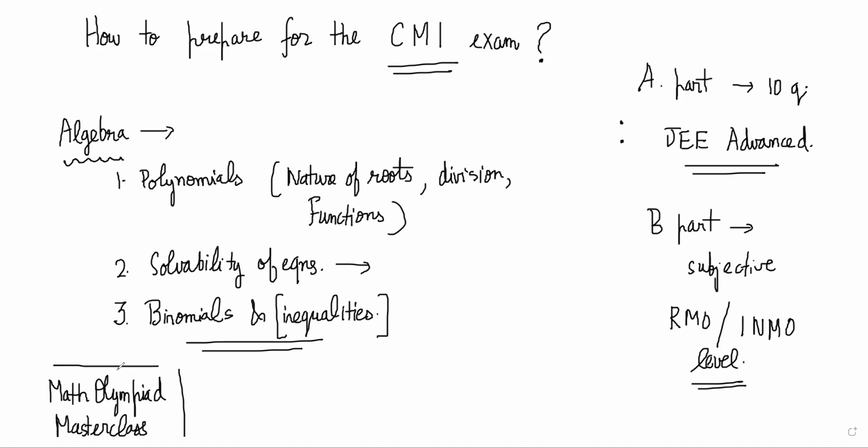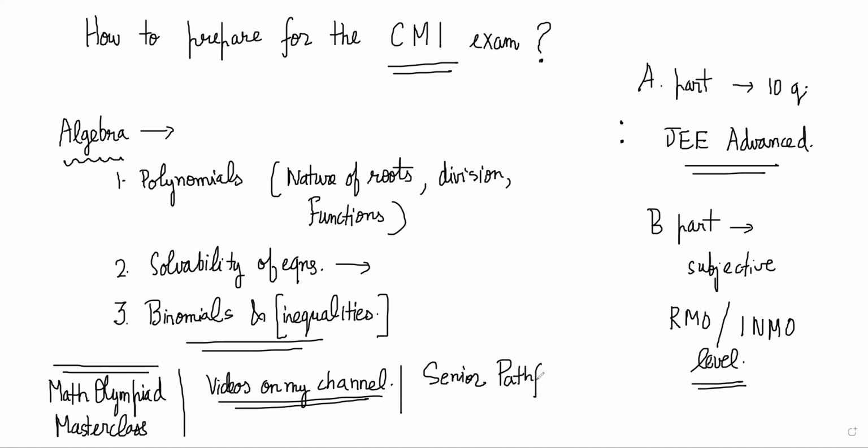If you don't want to do that, you can also look at videos on my channel. On my channel, there are a lot of videos covering these ideas. All of these topics are covered in detail. So use that, and you can use as a practice source the Pathfinder book, the senior Pathfinder. That will give you a taste of the problems that you might expect in these topics, right?